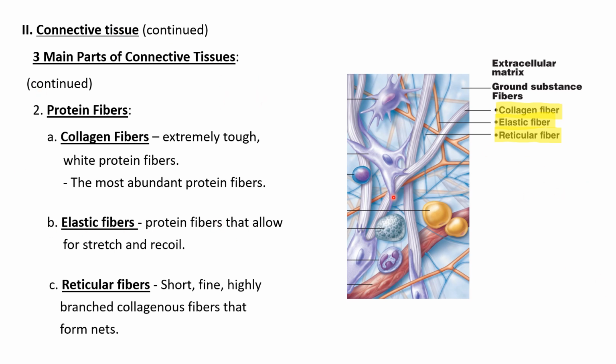We just looked at the protein fibers, but collagen fibers, these are extremely tough white protein fibers. So right here, they're very tough and they're white and they're protein and they're the biggest fibers of the three types. So you'll see them a lot in tendons and ligaments.